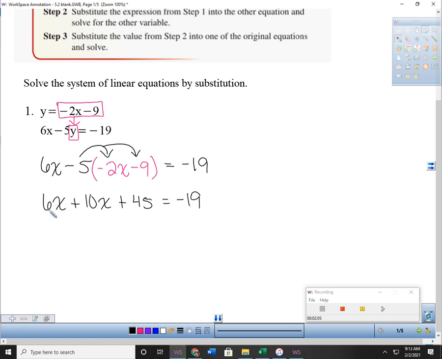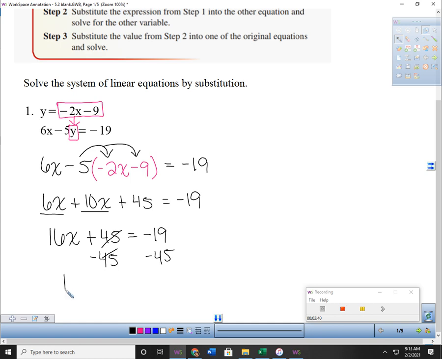So now I've got 6x and 10x, and these are both on the same side, so I'm not doing anything that's the inverse or the opposite. I'm just putting them together. So if I take a 6 plus a 10, that's going to give me 16x plus 45 equals negative 19. Now that I've simplified that whole side, and I can't put anything else together, I'm going to solve for x. So I'm going to subtract the 45 from both sides.